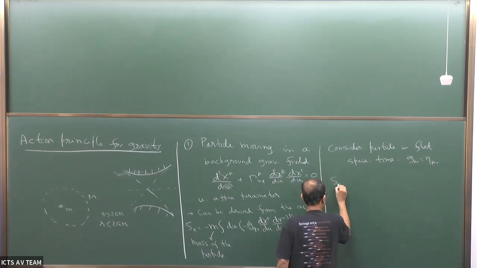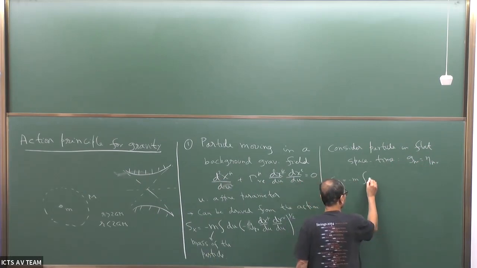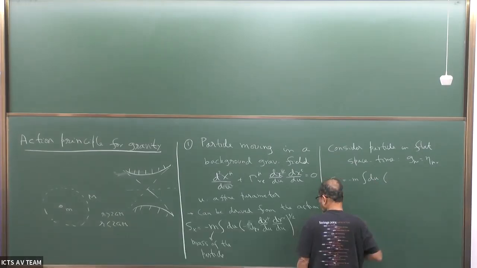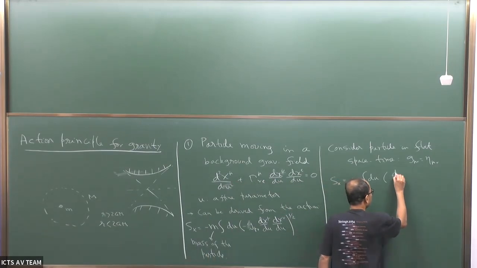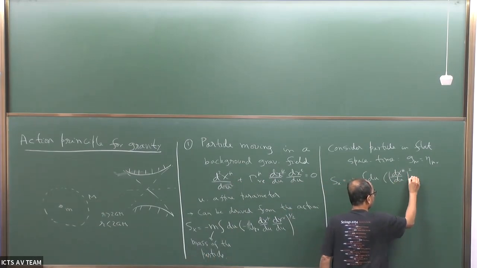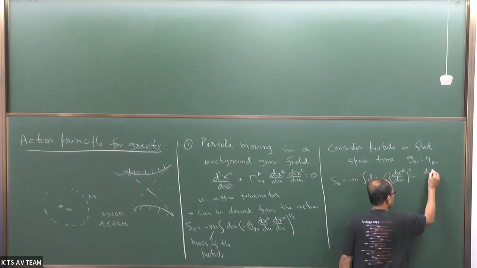So then the Sx that we have written there can be written as minus m integral, if g mu nu is eta mu nu, then this is dx0/du square minus dx/du square.